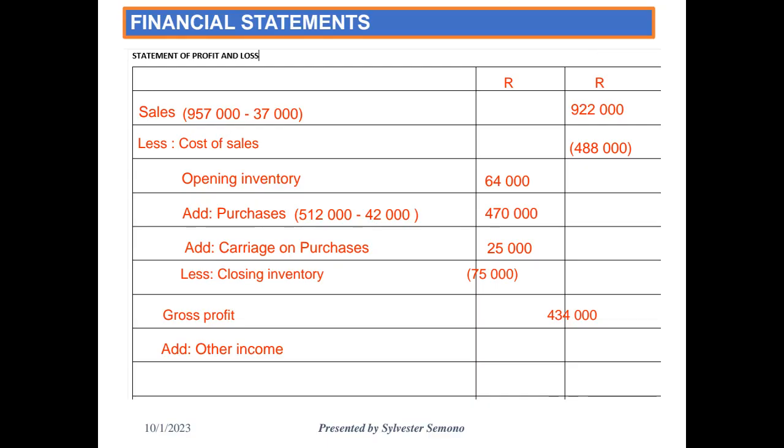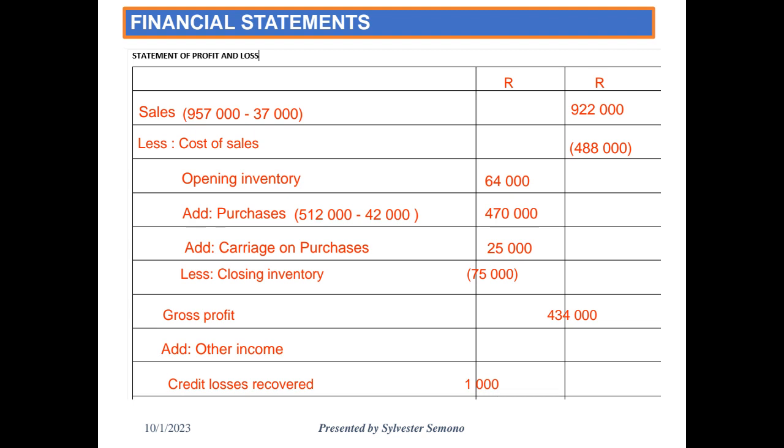Under other incomes, I'm going to put it there as the credit losses recovered, of which I think it's 1,000. So here you need to know how to identify it: credit losses recovered are incomes. Credit losses is the same as bad debts recovered. Okay. Are we together? Yes.